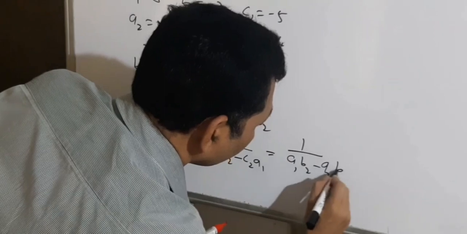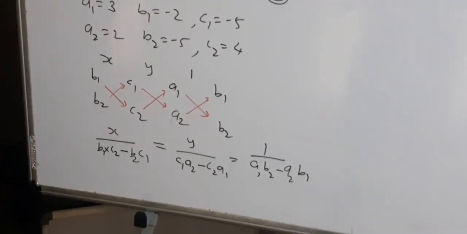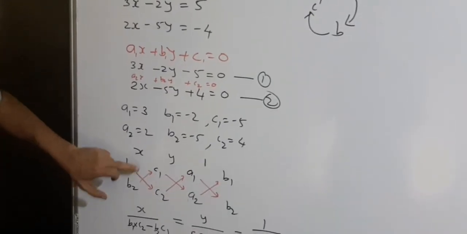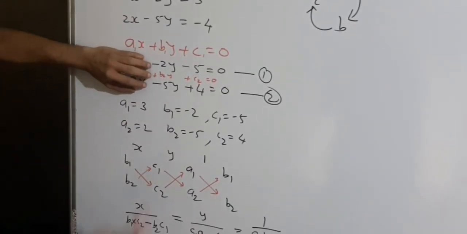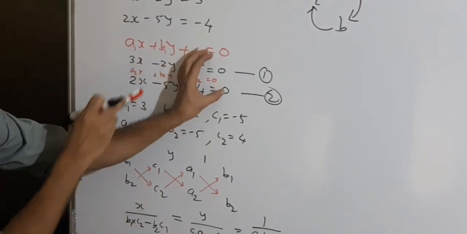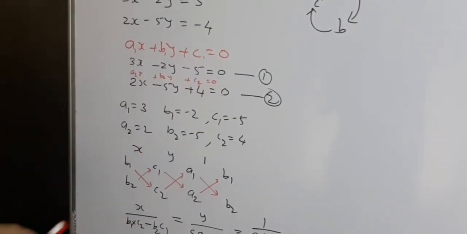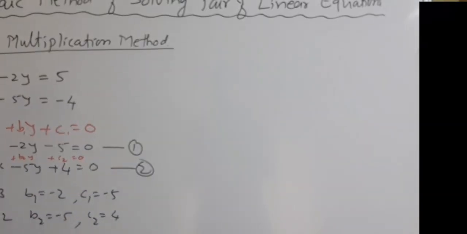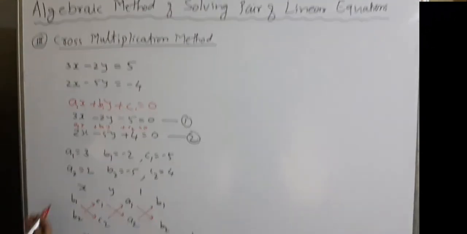Let me explain again. When we take x, we take these two coefficients. When we take y, we take these two, and when we get the constant, we take these two. This is the general form.